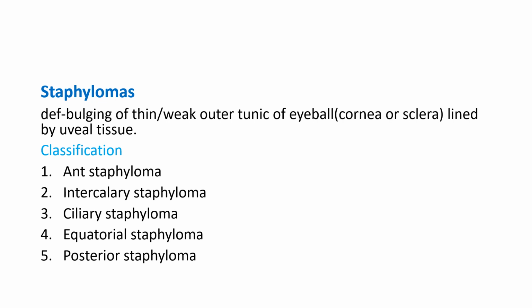Classification depends on the location where the staphylomas are found. Based on that, we have anterior staphyloma, intercalary staphyloma, ciliary staphyloma, equatorial staphyloma, and posterior staphyloma. So there are 5 types, and staphylomas are important because you get notes on it.